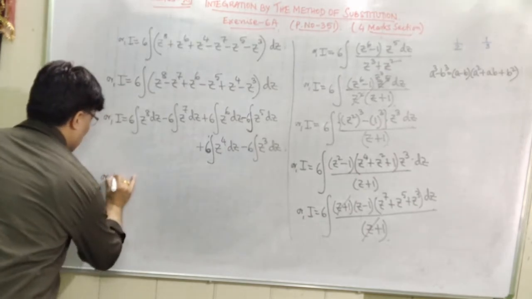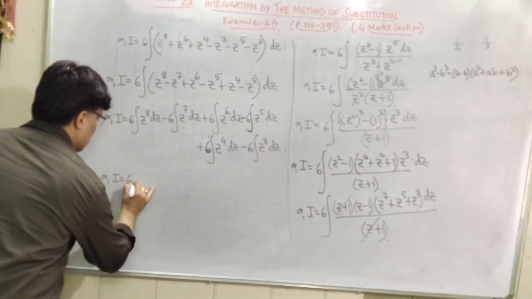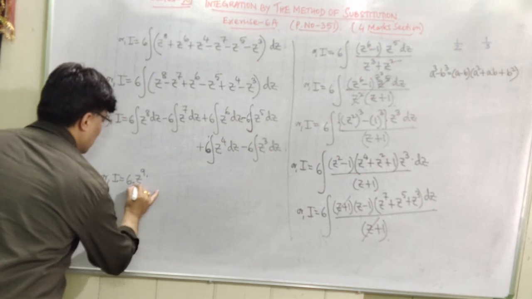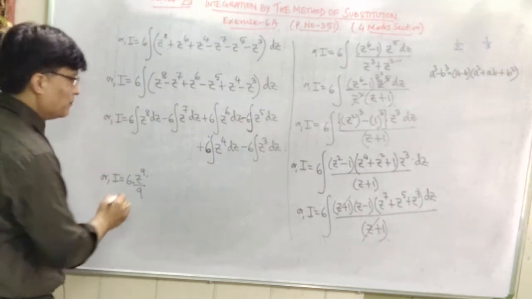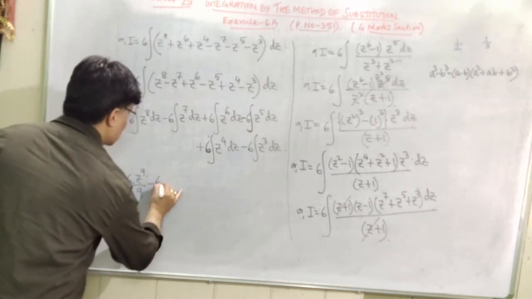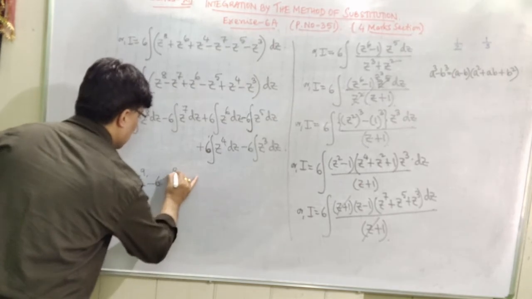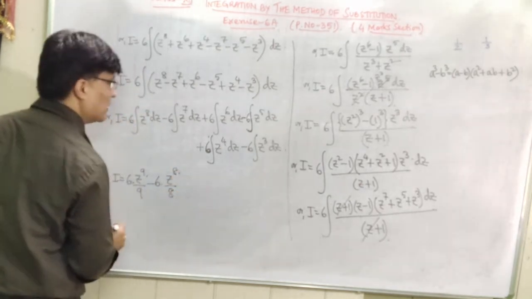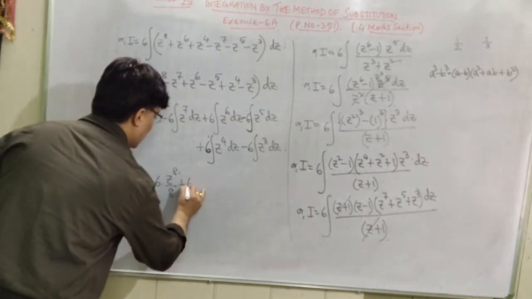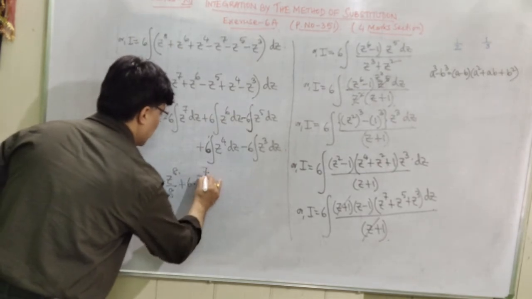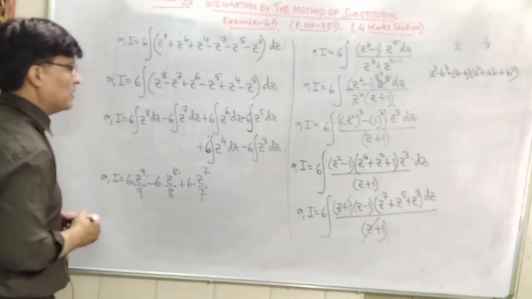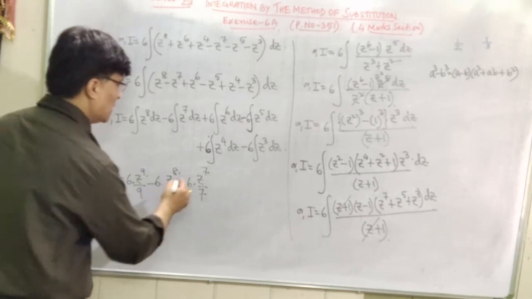Now this is I is equal to 6 into z to the power 9 divided by 9, minus 6 into, what is it? z to the power 8 divided by 8, plus 6 into z to the power 7 divided by 7, right?